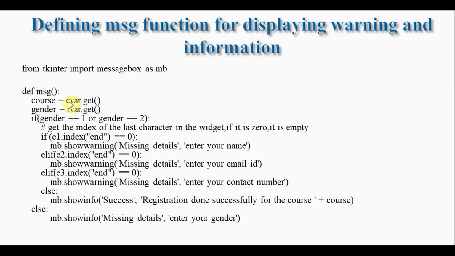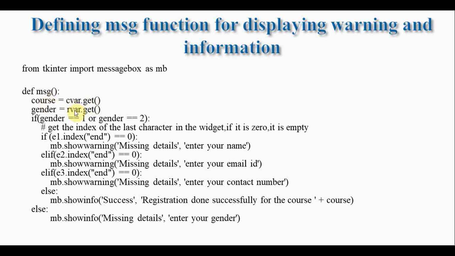So you remember cwhere is the variable which we have used in this option menu to represent the courses, and rwhere is the radio button variable. The current value of that cwhere and rwhere can be retrieved using the get method. Whatever the user has selected from the drop down menu can be obtained by using cwhere.get, and I am storing it in the course variable.